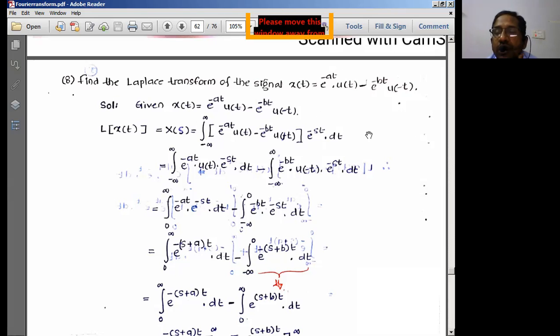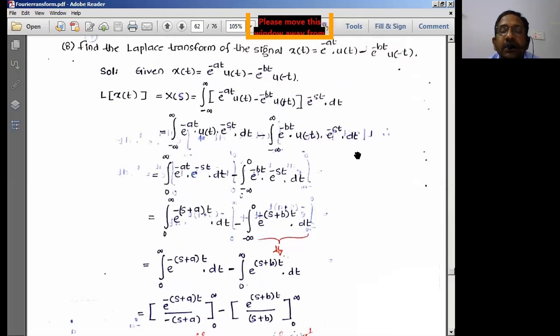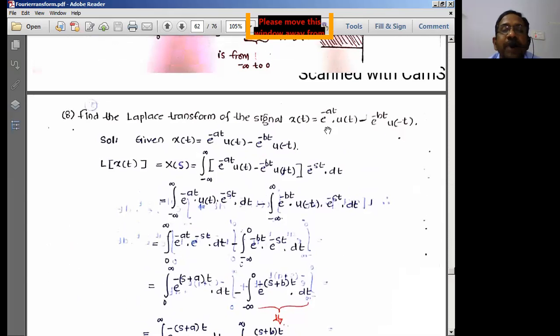This is what I was talking to you. So the confusion here in Laplace transforms is that even though the Laplace transforms look to be the same, ROCs will be different. Sometimes ROCs are going to be the same, but Laplace transforms are going to look a little different. So this is the case where the Laplace transforms are going to be the same, but ROCs are going to be different.